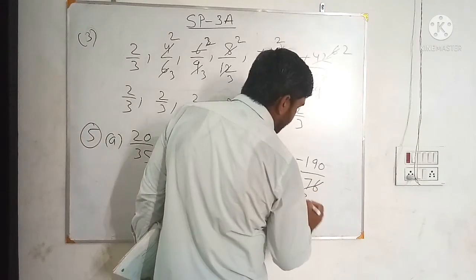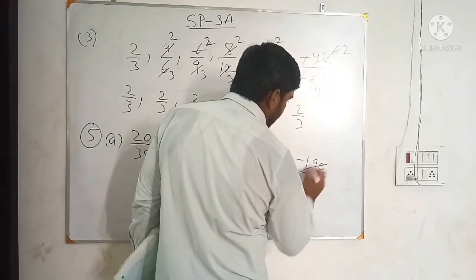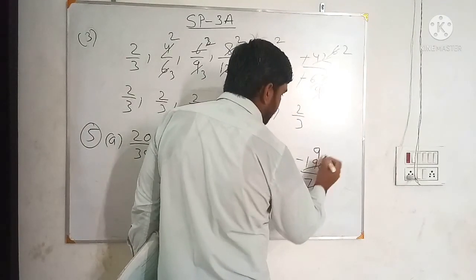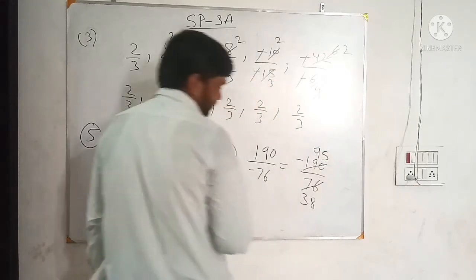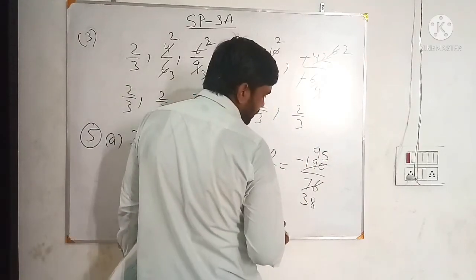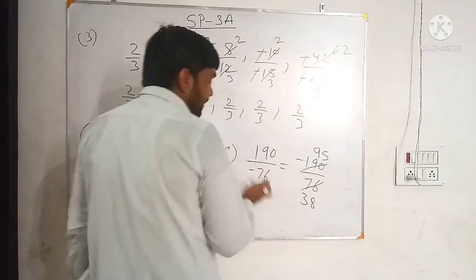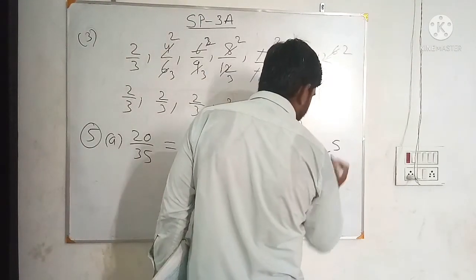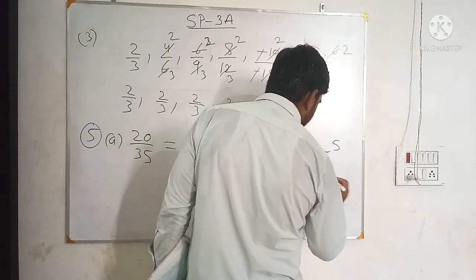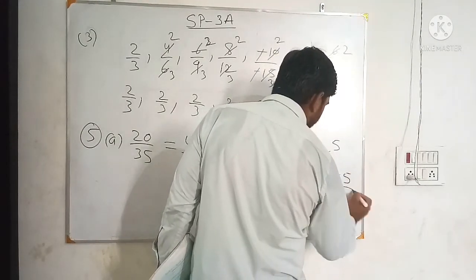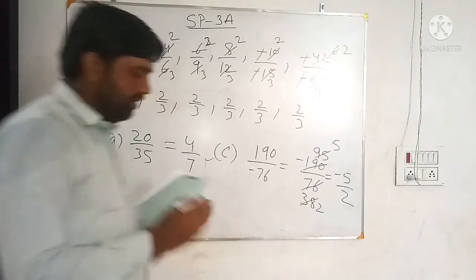Dividing by 2, then by 19: 19 fives are 95, 19 twos are 38. So we got minus 5 by 2 as the rational number. Now it is co-prime.